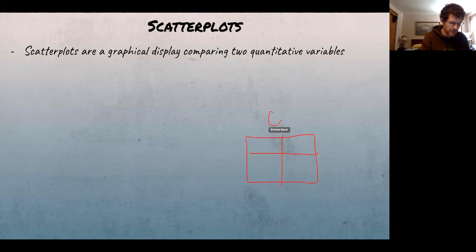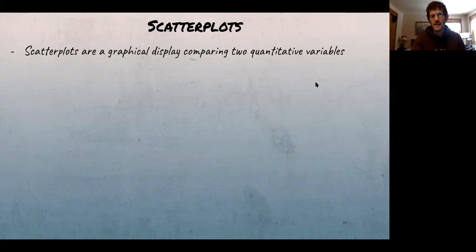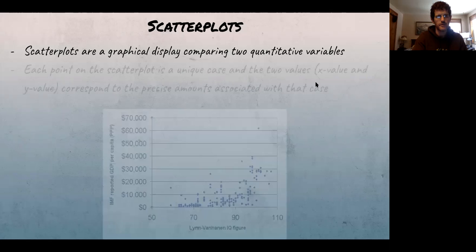So categorical variable 1 and categorical variable 2. That's what a two-way table is for. A scatter plot is for two quantitative variables. So here's quantitative variable 1 and quantitative variable 2. And of course, we end up with something like this. Okay, very good. So that's the basics of a scatter plot.